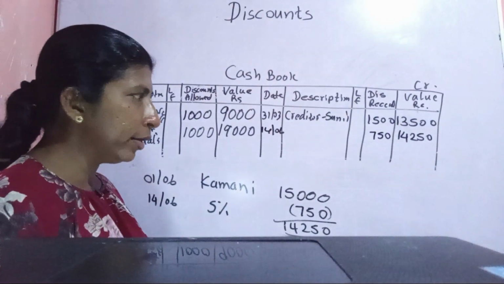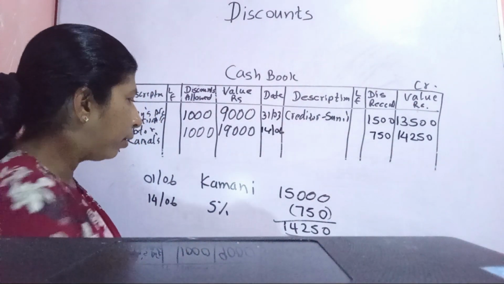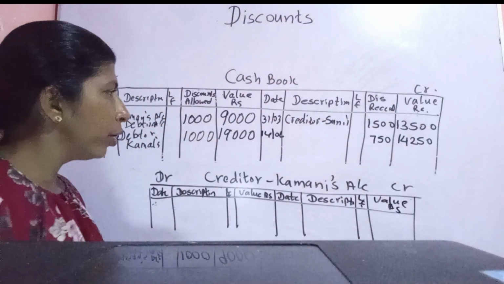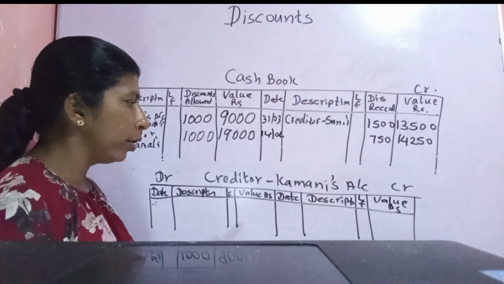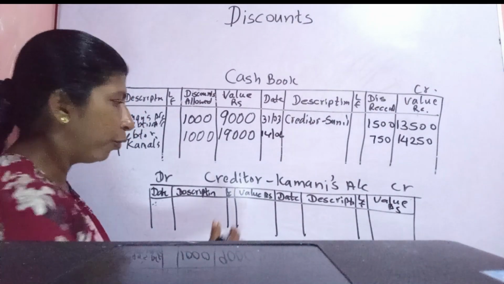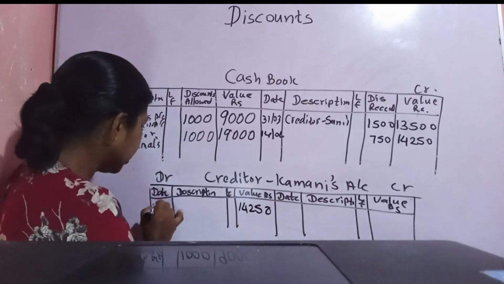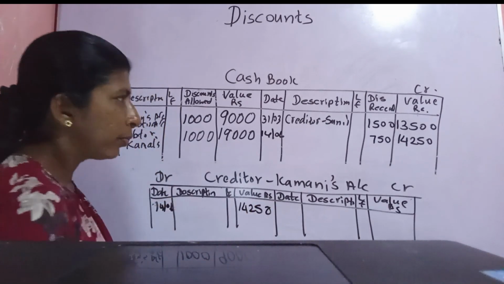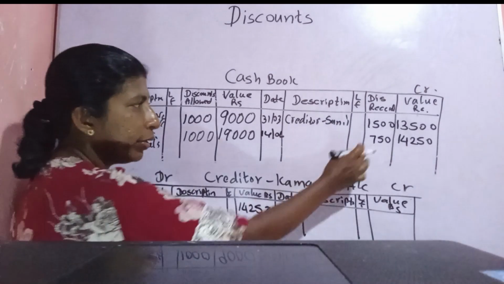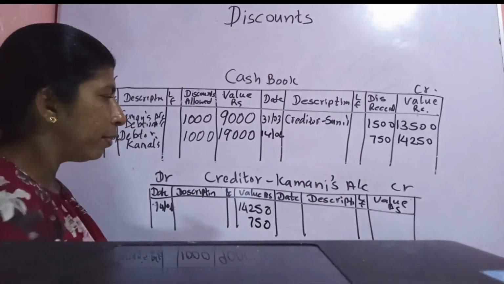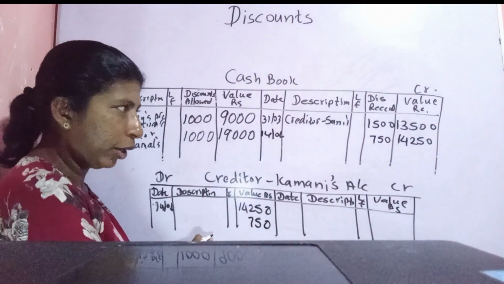And we need a separate account for the trade creditor company. Okay, now debit this amount to trade creditors account, 14,250. Our date is 14th June, and this discount of 750, you have to debit that to trade creditors account.